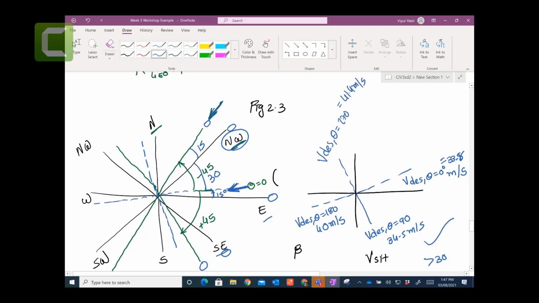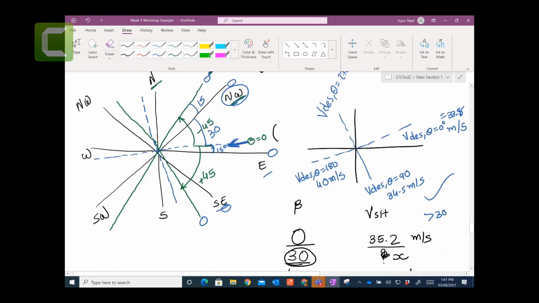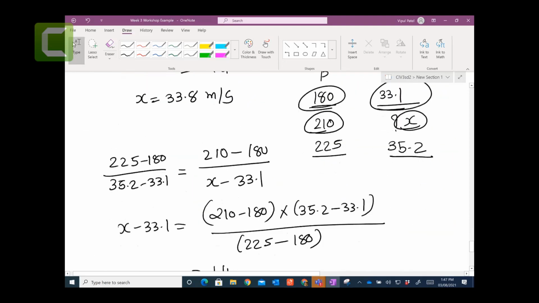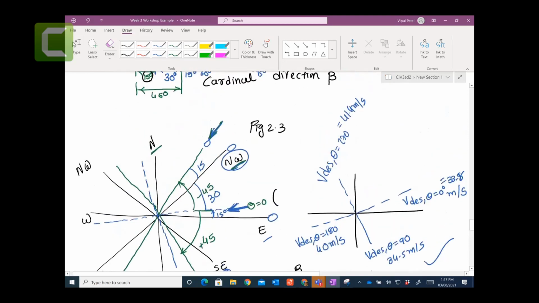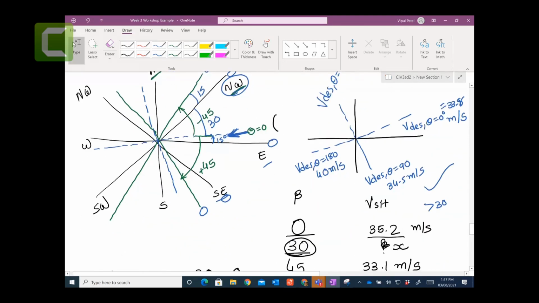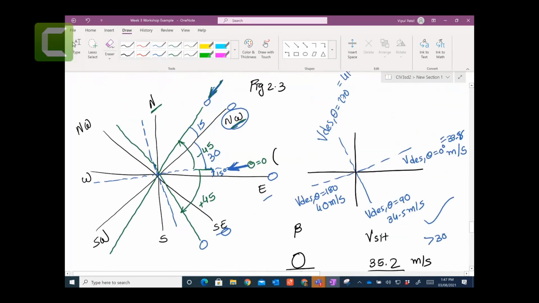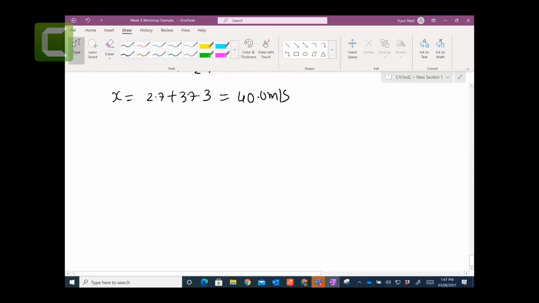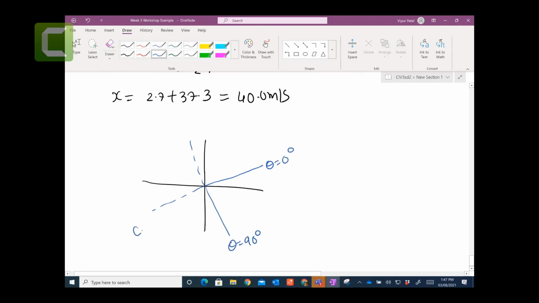Right. So this is the final one, that you have 4 different design wind speeds. Okay, let me write it down here. You have theta equal to 0 degree, theta equal to 90 degree, theta equal to 180 degree, theta equal to 270 degree.